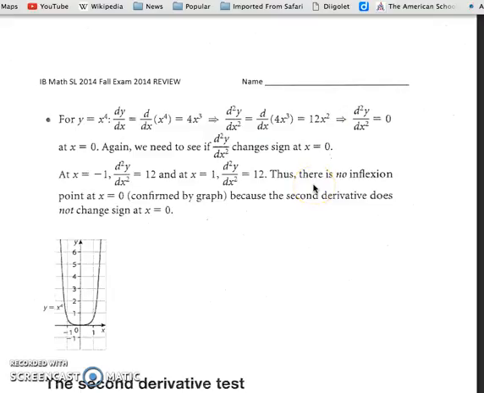Therefore, because there's no sign change, the second derivative does not change sign before and after 0. There's no inflection point at x equals 0. So keep that in mind as we go over this number 10.